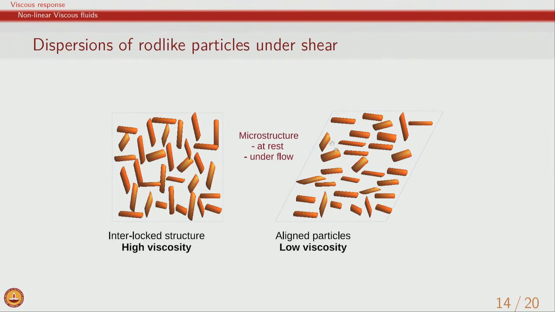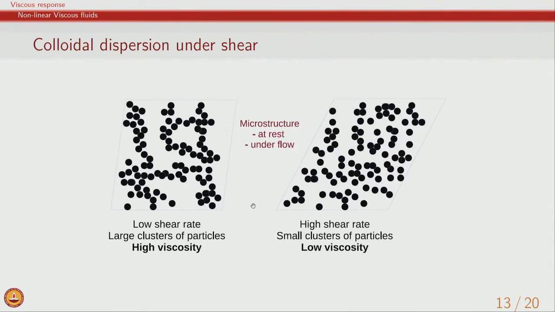Similarly, in this case also, as soon as we stop the flow, the particles again would start getting randomly oriented and they would again get interlocked. So, even though we are focusing on only viscosity and only looking at a steady state picture, we should remember that the underlying mechanism may have some aspects of elastic or recovery features.